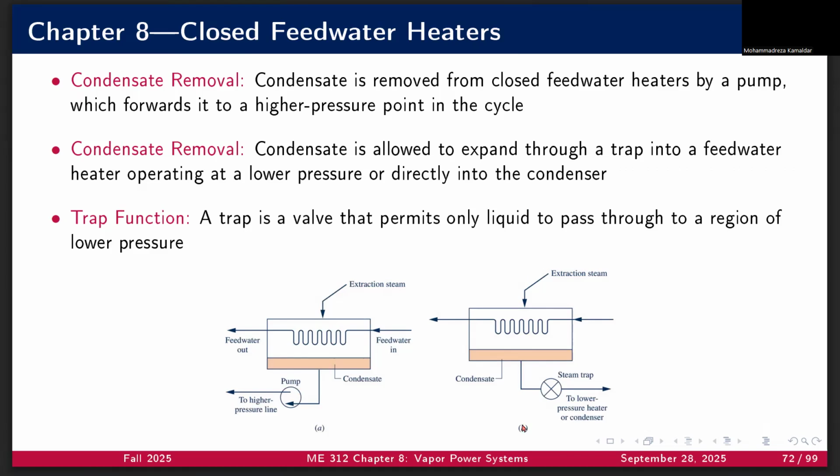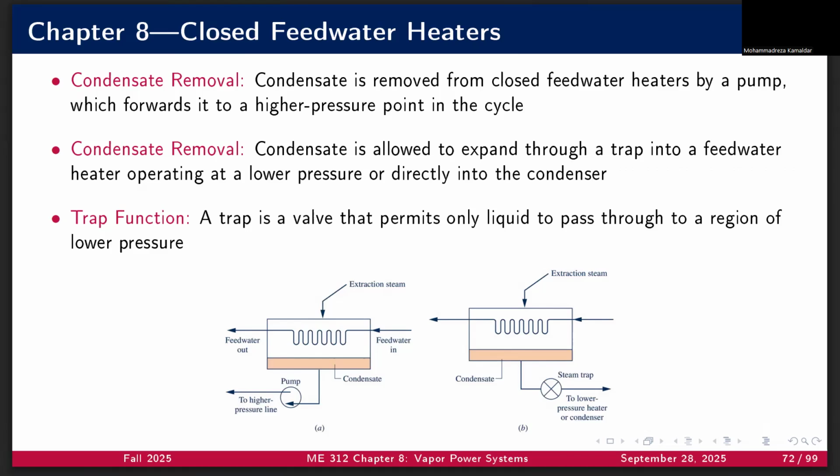And the second approach, as we discussed, is trap draining, which is basically a simpler option to allow the condensate to expand through a trap. This trap then directs the fluid into a feed water heater operating at a lower pressure or directly into the condenser, as we will see.